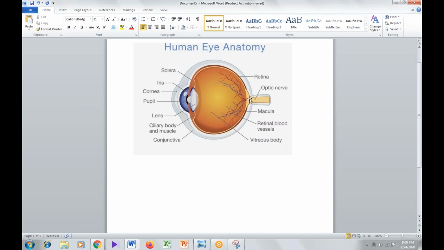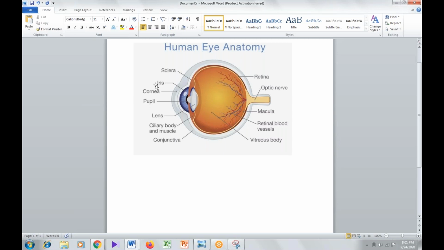The retina is one of the most important parts, a thin, delicate membrane. So the pupil will close. When the intensity of light is less, it will open. When you are looking towards the sunlight, it will allow only a little amount of light to pass through to reach the backside.